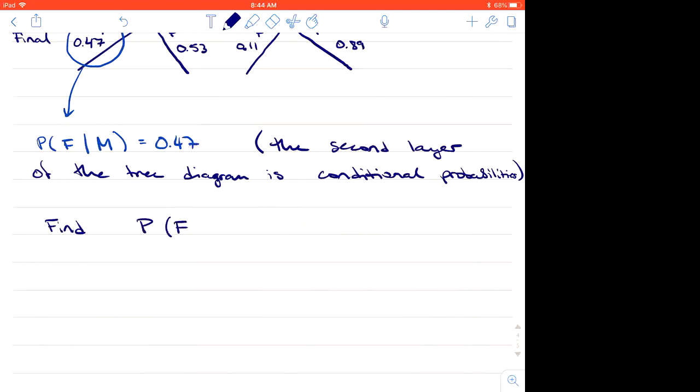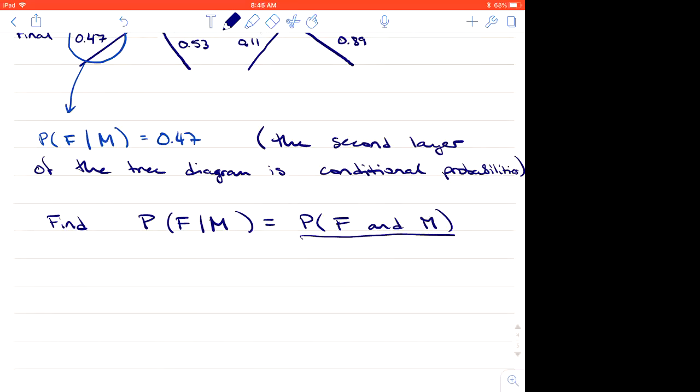We know that the probability of F given M is the same as the probability of F and M over the probability of M. It's because I was trying to use the reworked formula without giving it to you. Right?